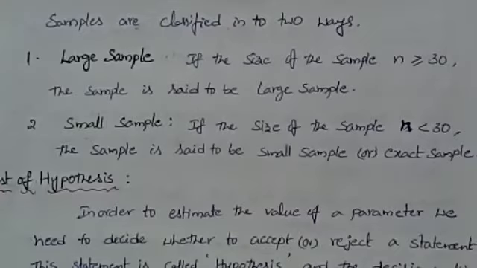A large sample is when the size of the sample n is greater than or equal to 30. If the size of the sample n is less than 30, then it is a small sample or exact sample.